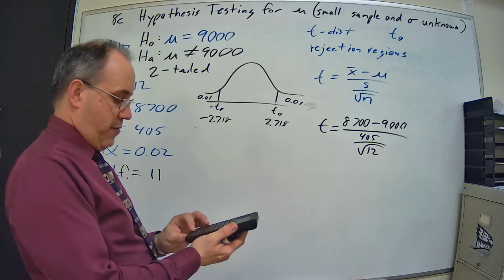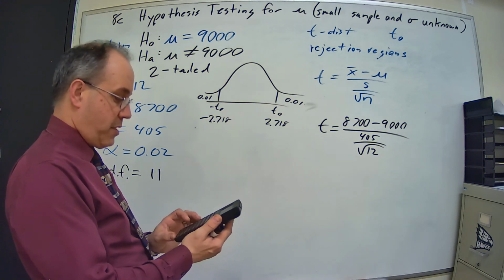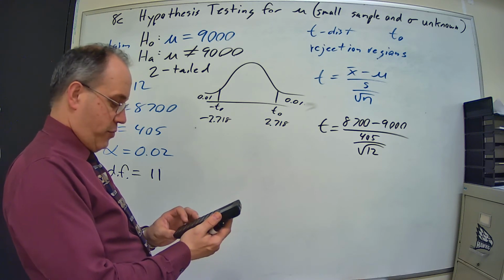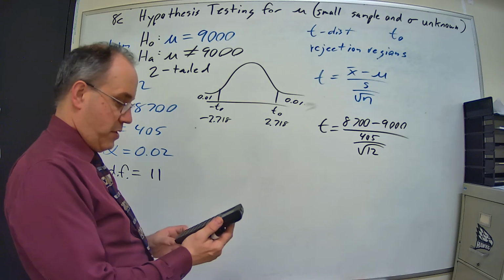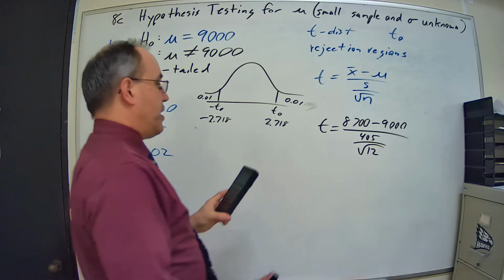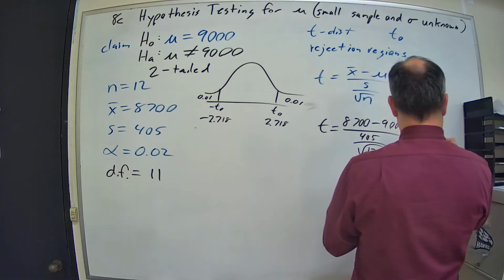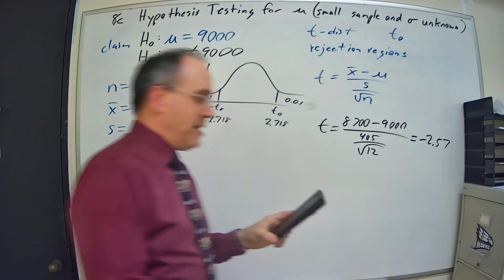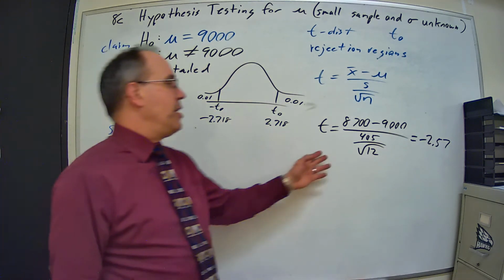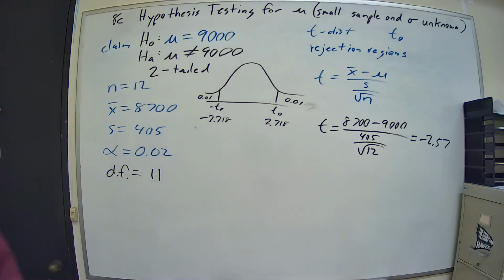So 8,700 minus 9,000, over 405 divided by the square root of 12. And we get a t-score of negative 2.5660011996. Rounding to two decimal places, negative 2.57.